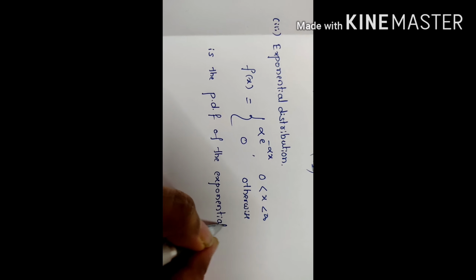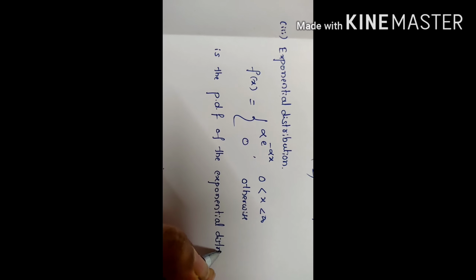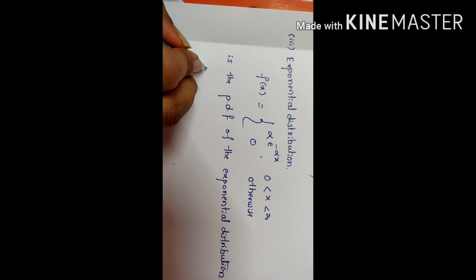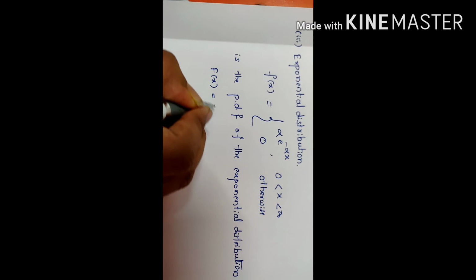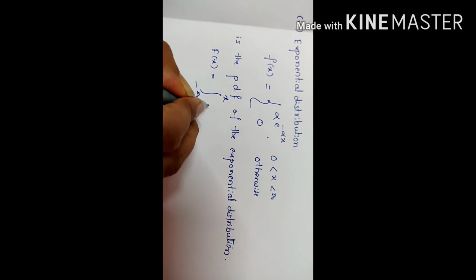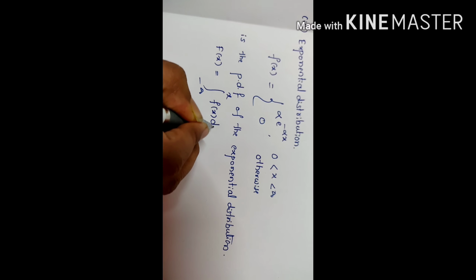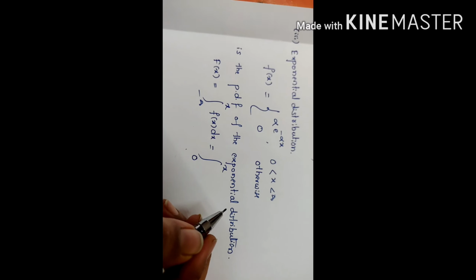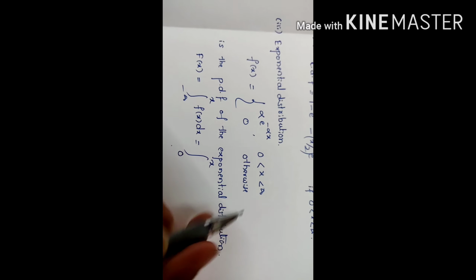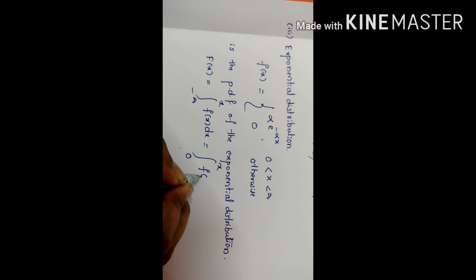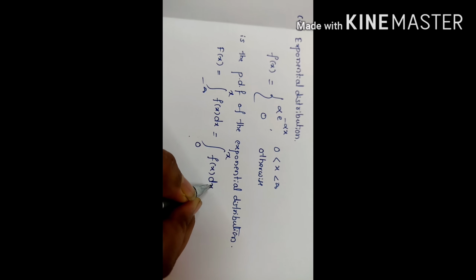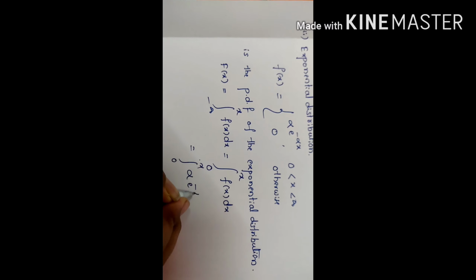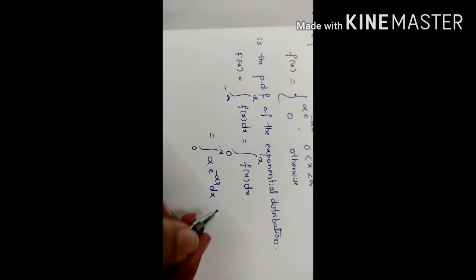We need to find the CDF of this exponential distribution, that is the cumulative distribution function. Then that is given by F of x, which is the integral from minus infinity to x of f of x dx. This is nothing but 0 to x, because our minimum value is 0 here. So it is 0 to x, alpha into e raised to minus alpha x dx.